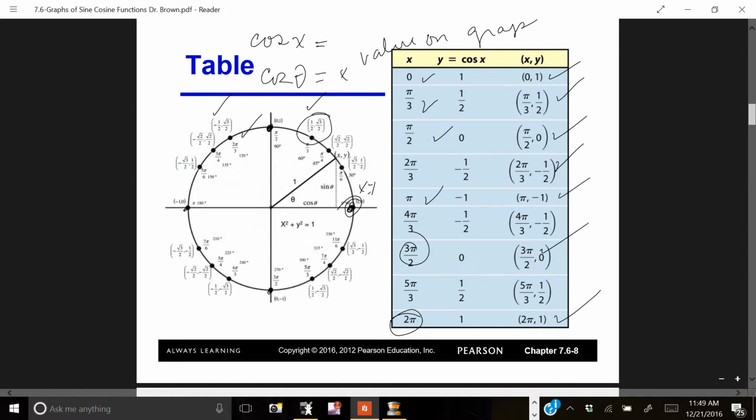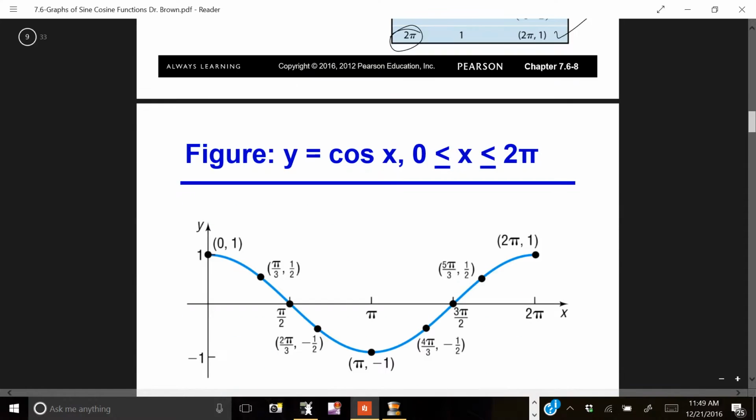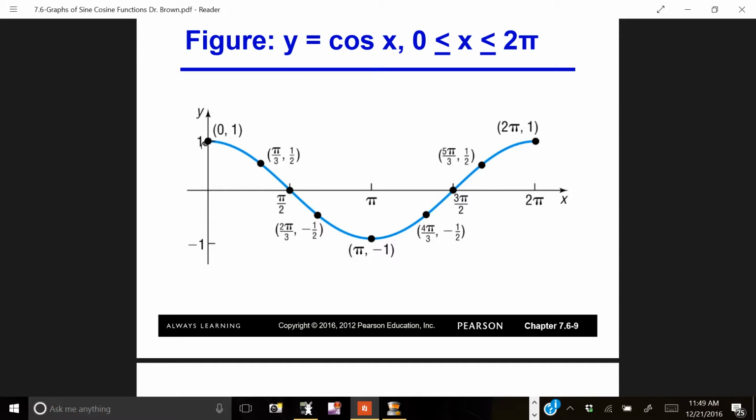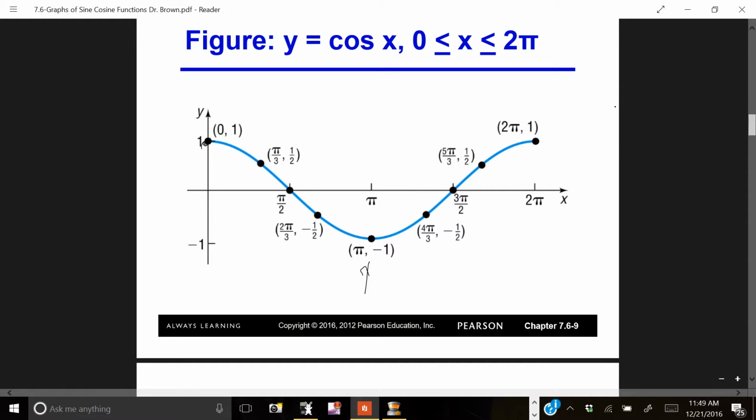So now we can take these values and put them on the graph. And notice that the cosine function starts out at its maximum value of y equal 1. And then goes to its minimum value at x equal pi.